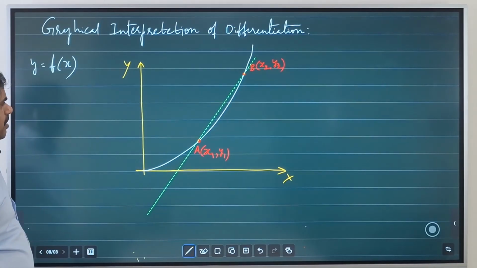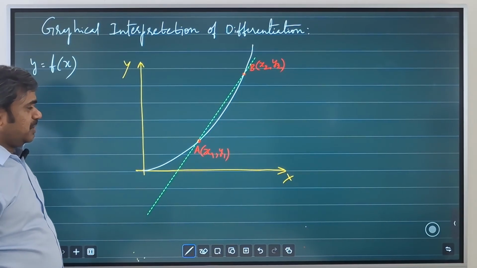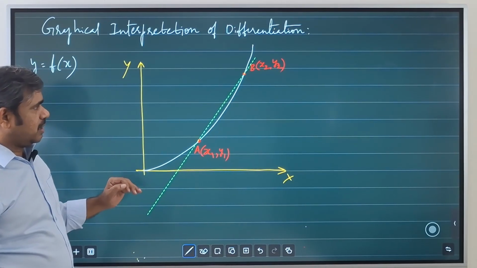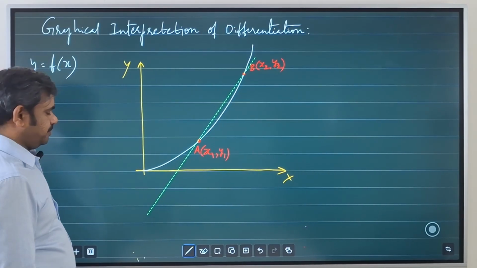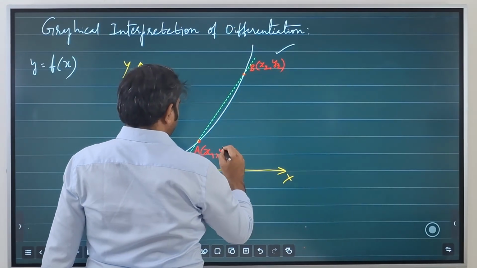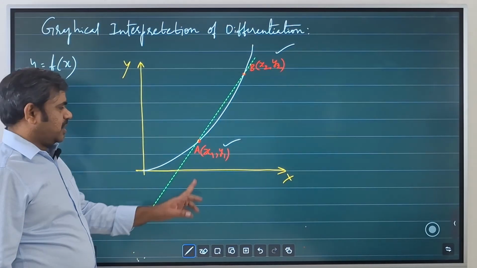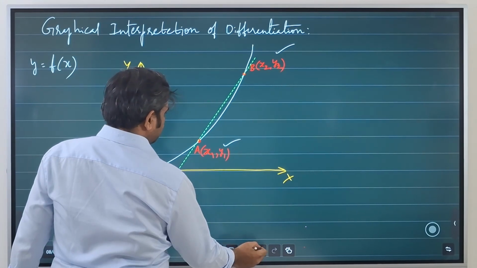Look at the straight line drawn between A and B. What is the change in y as we go from A to B? y changes from y1 to y2. x changes from x1 to x2.